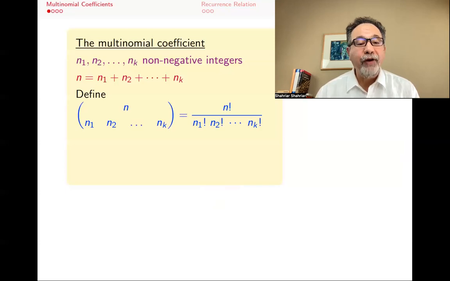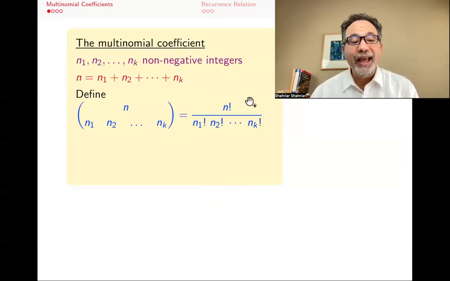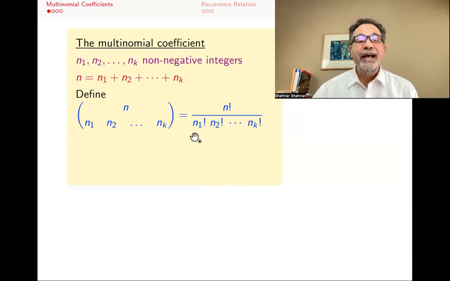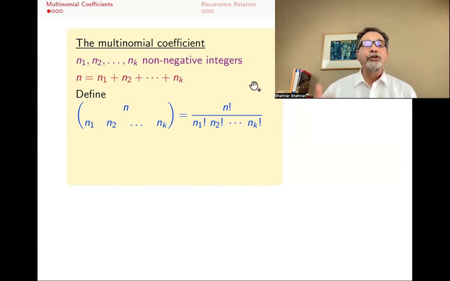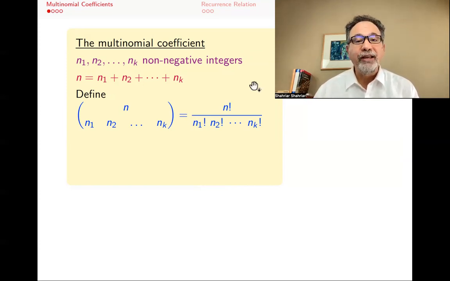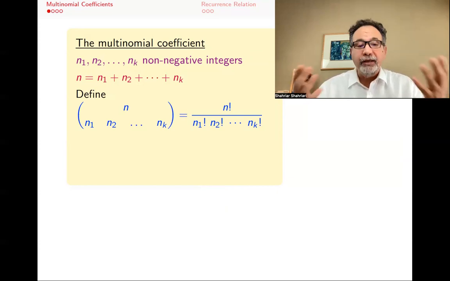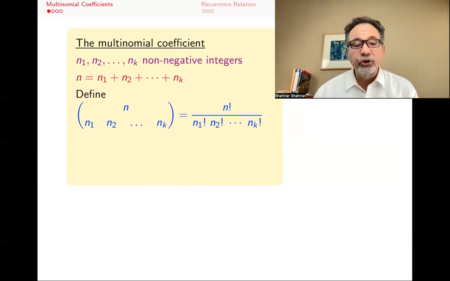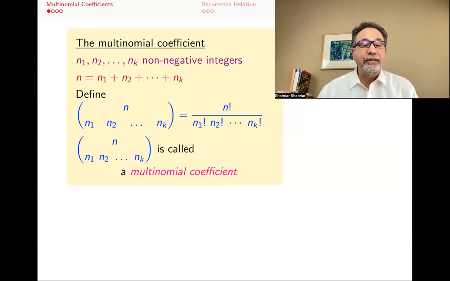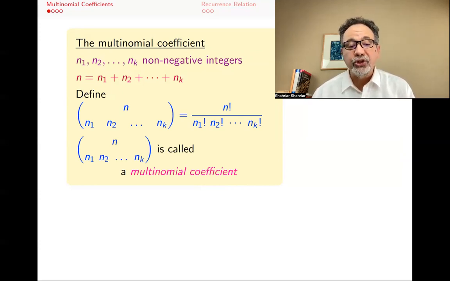Then you define n choose n1, n2 through nk to be n factorial, the sum of those k integers you picked, in the numerator, and then in the denominator you put n1 factorial, n2 factorial, all the way till nk factorial. This is a number, whatever it is. That's called a multinomial coefficient. And we want to study its properties and its uses and so forth.